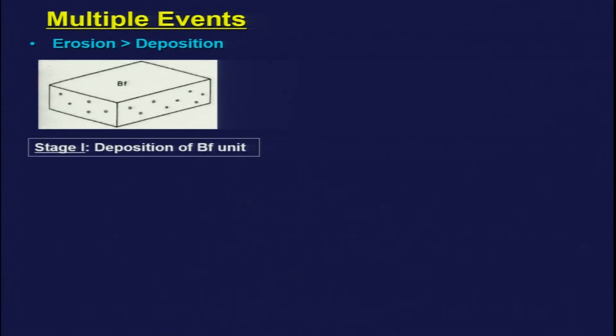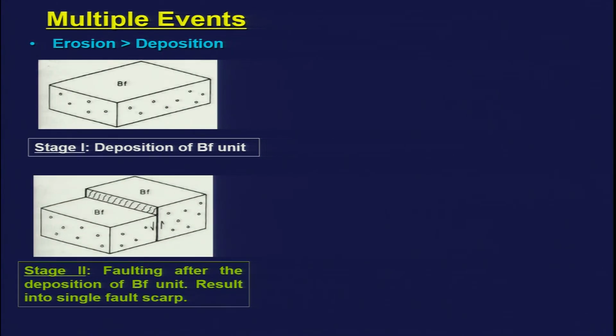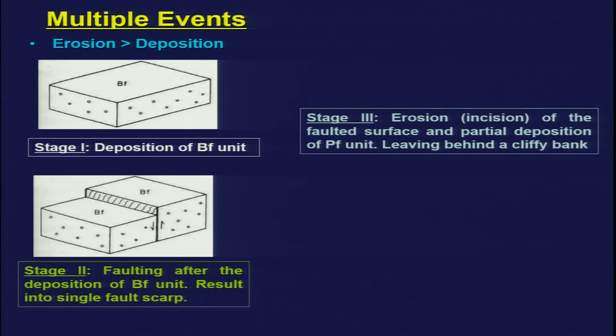Now, we see multiple events, where the conditions remain the same: erosion is greater than deposition. Again we have the deposition of BF, then erosion is greater than deposition, then you have the displacement, and this part is left out. Stage 3 is the erosion of the faulted surface, because we are talking about multiple events.